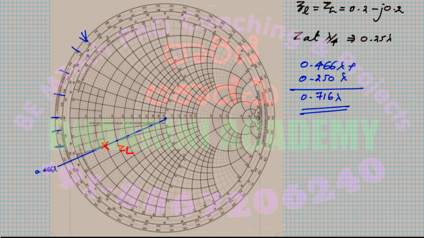But I don't have a point 7 here; I have some other number. Now I need to find out what number corresponds to 0.716. I need to take care that 0.5 is 0. Okay.